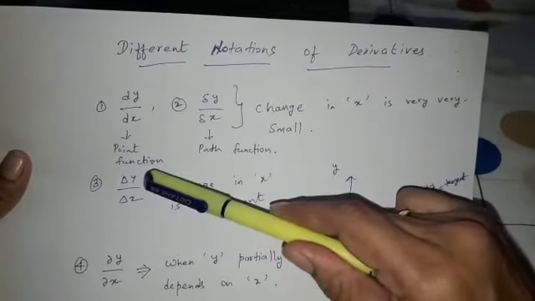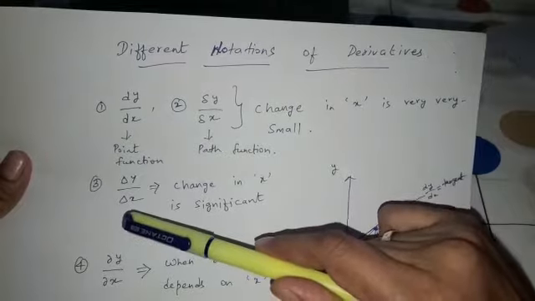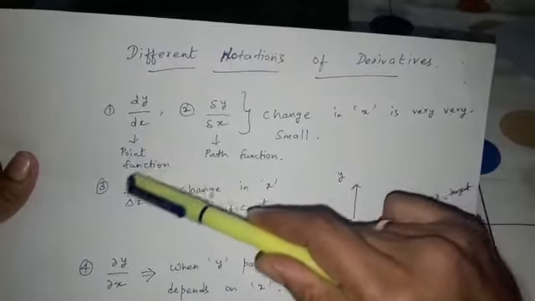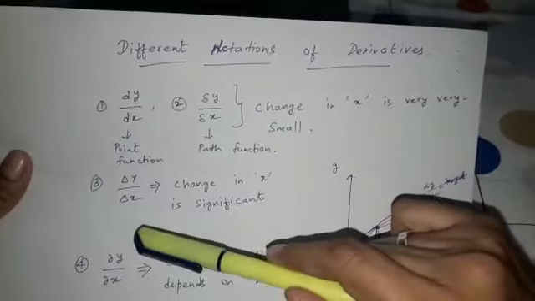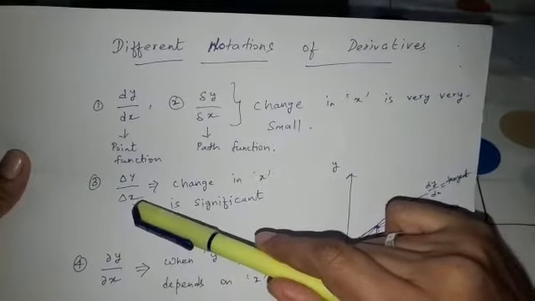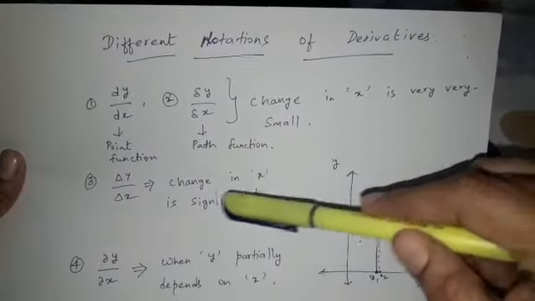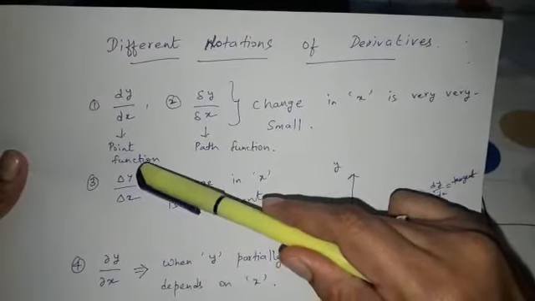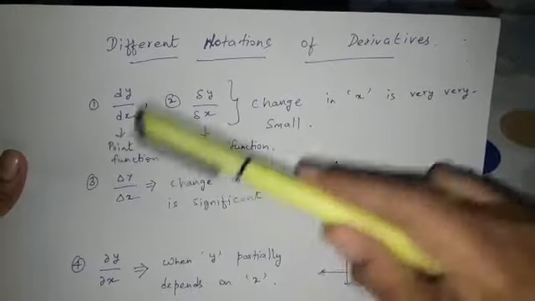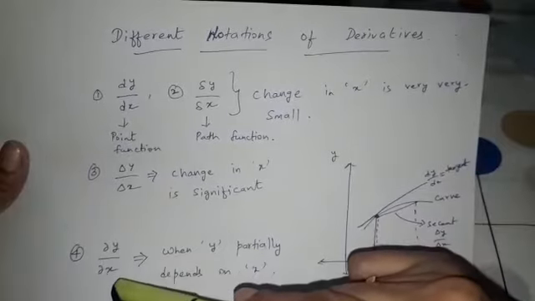Another notation we often use is delta y over delta x. We use this notation when the change in x is significant. Another notation of derivative is dou y over dou x.